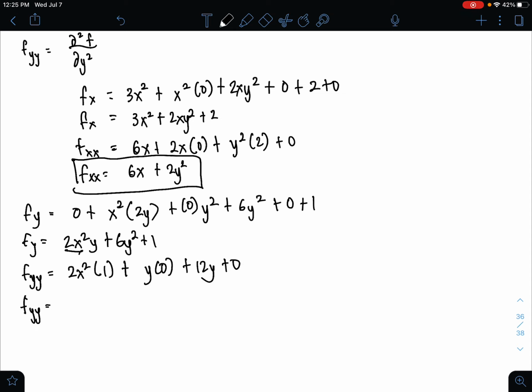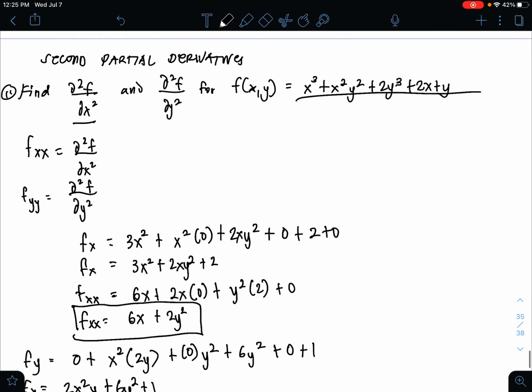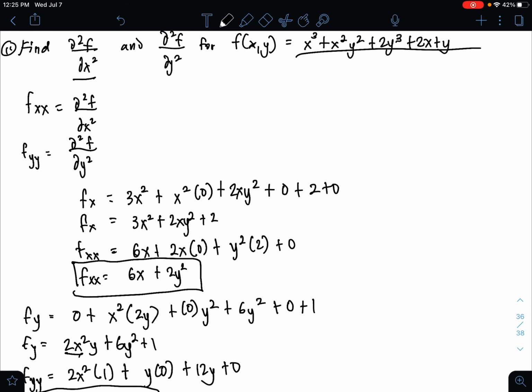Therefore, our fyy is 2x squared plus 12y. Our final answer. So, ganun lang po, no? Derive natin again yung nakuha nating derivative.